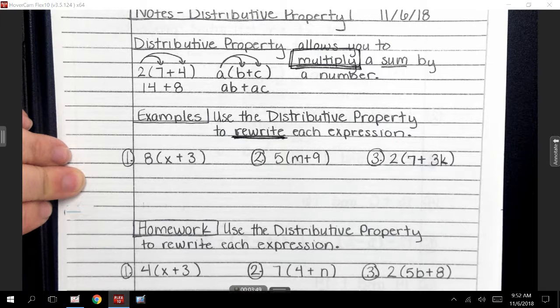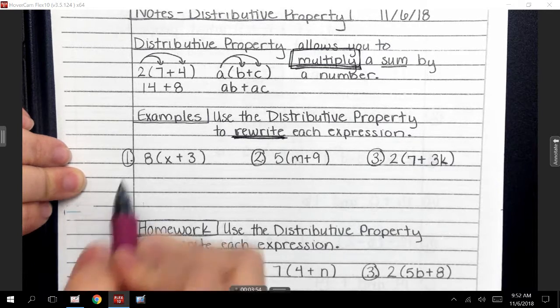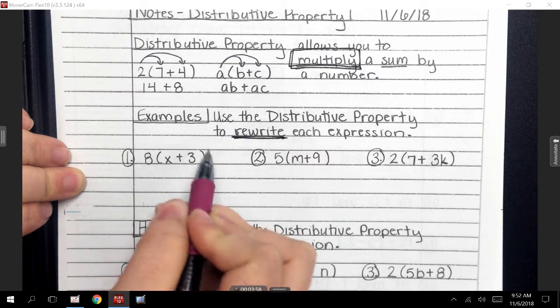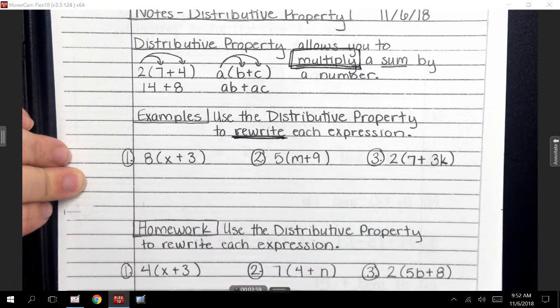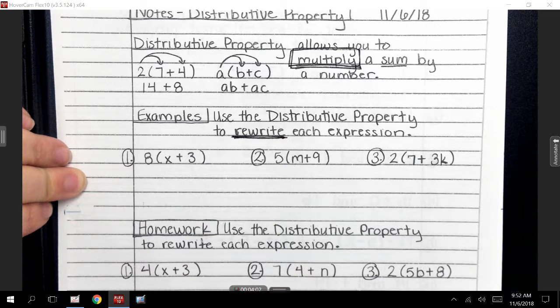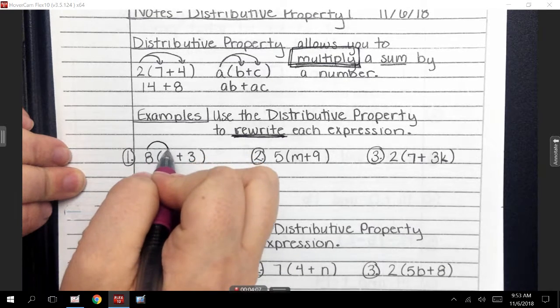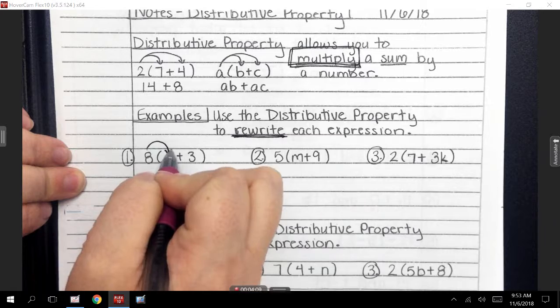No. All right? But what we can do, guys, because of the distributive property, is I can take this 8 and I can distribute it. I can pass it out into the parentheses. So I'm going to do the first one for you, and then we'll look at the next one together, okay? So I'm going to pass the 8 to the x.